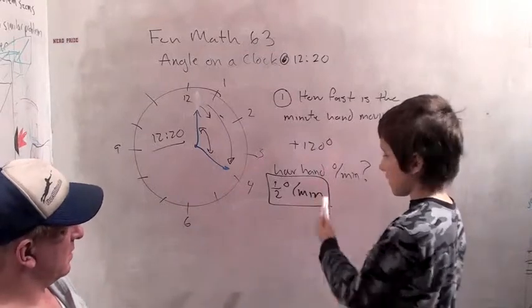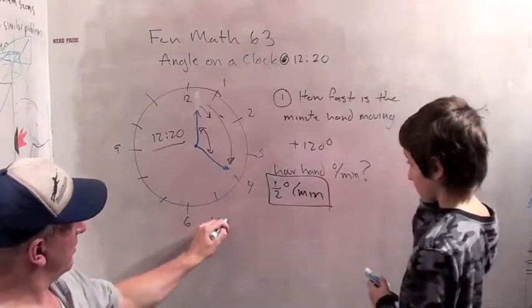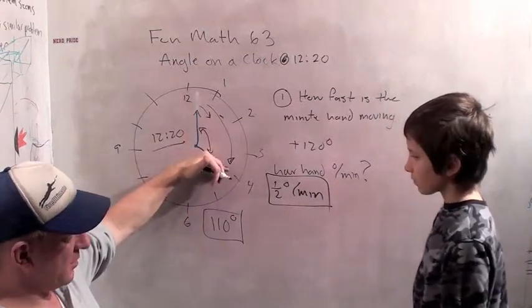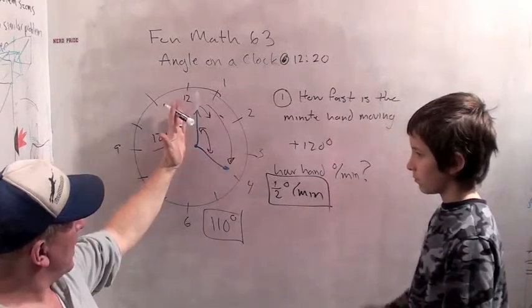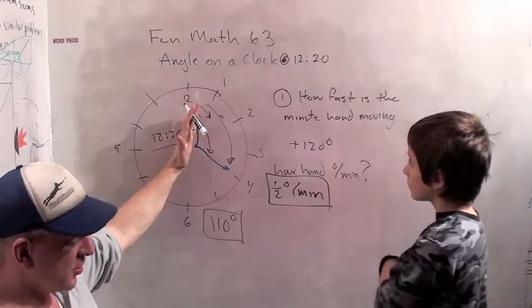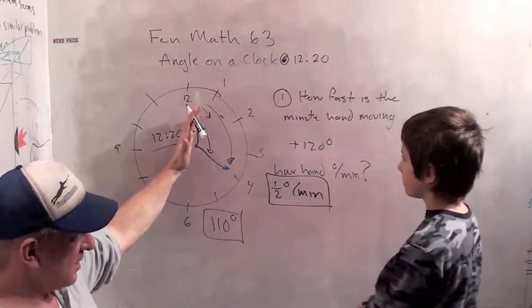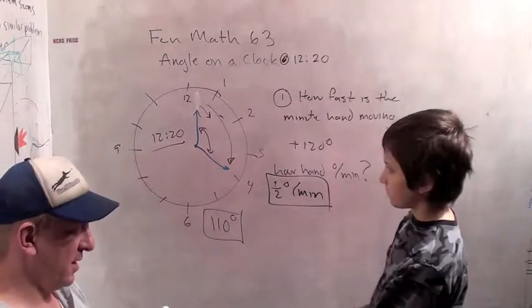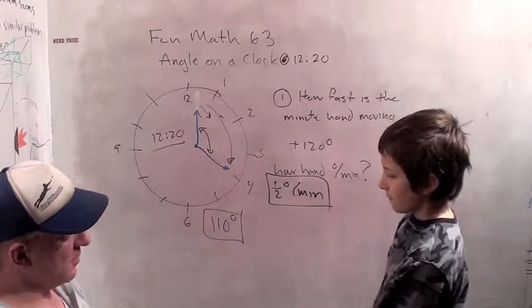So it's a 110 degree angle. The minute hand made it bigger by 120. The hour hand shrunk it a little bit by 10. So it's 120 minus 10 gets us to 110.